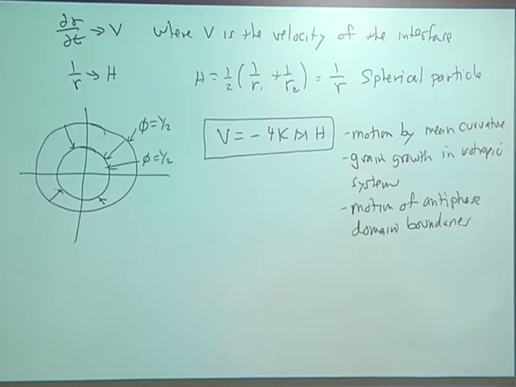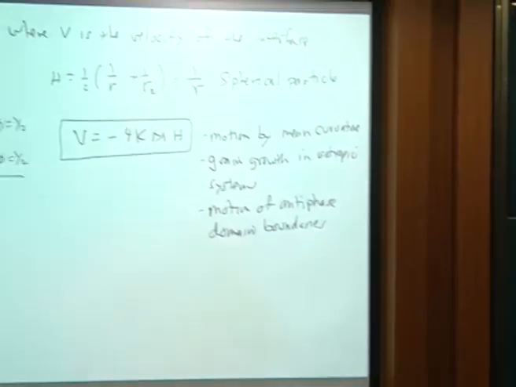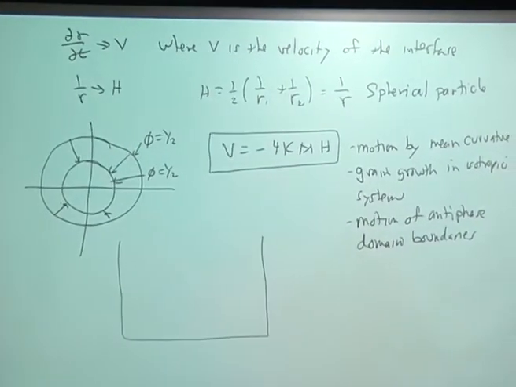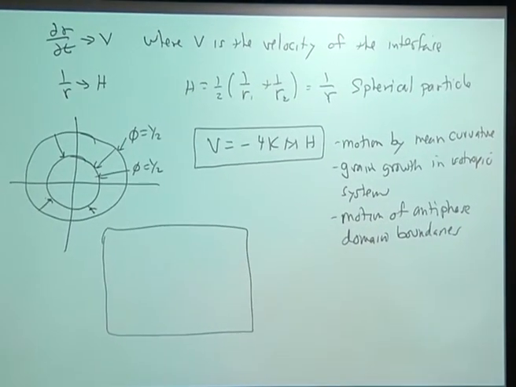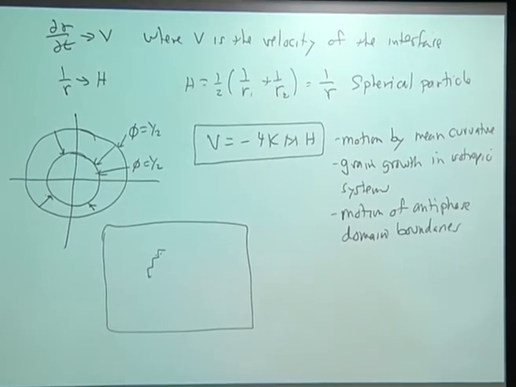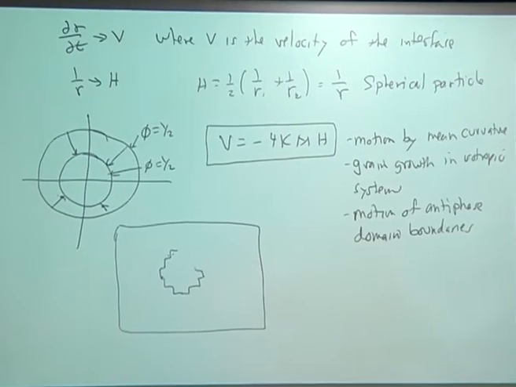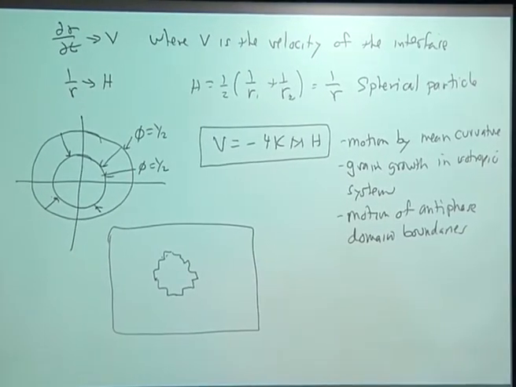And so when you program your Allen-Cahn equation on your computer, if you started with an initial condition that looked like this, where you had your domain, it would be pixelated, because you're doing things on a grid. That's supposed to be a pixelated circle.